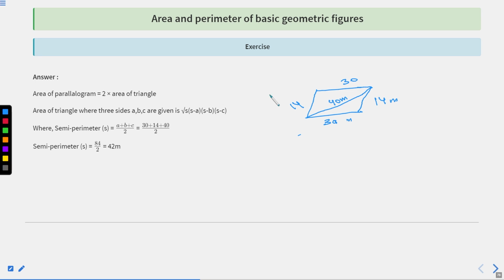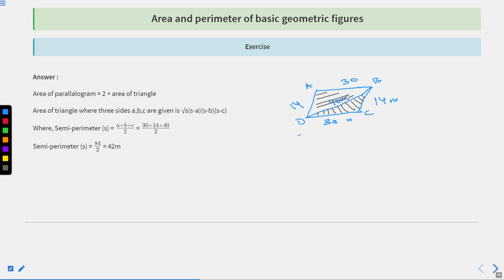Now let me give them some names, A, B, C and D. If you can see, we have to find the area of this parallelogram, and this area and this area are the same.